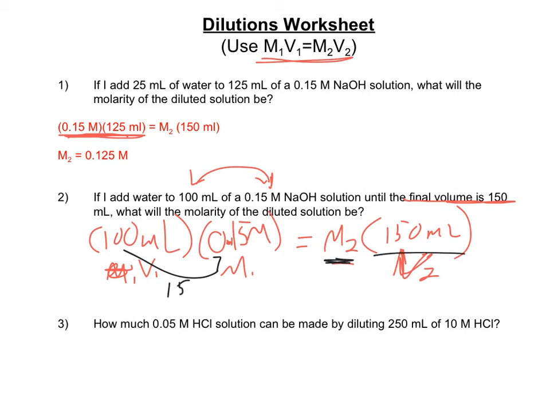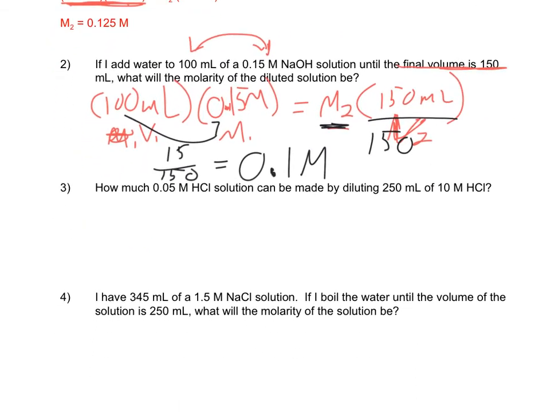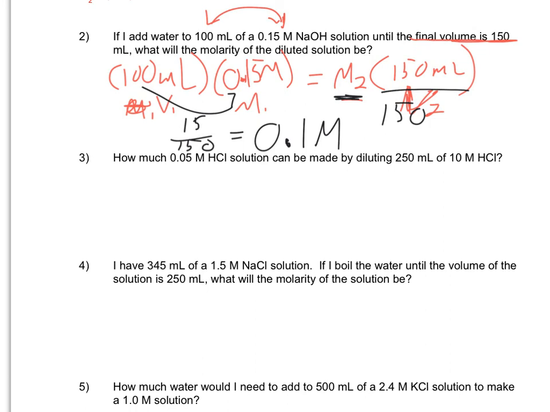And then we divide both sides by 150. So 15 divided by 150 equals 0.1 molar. Okay, and again, on the form you don't have to include the label, just the number. All right.